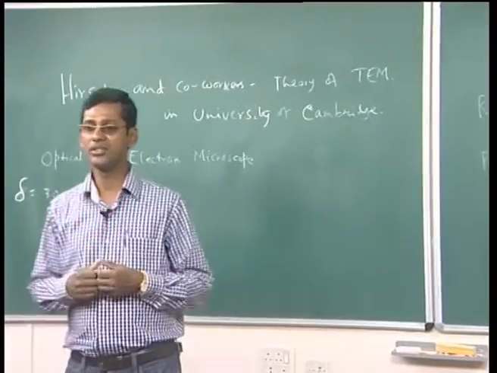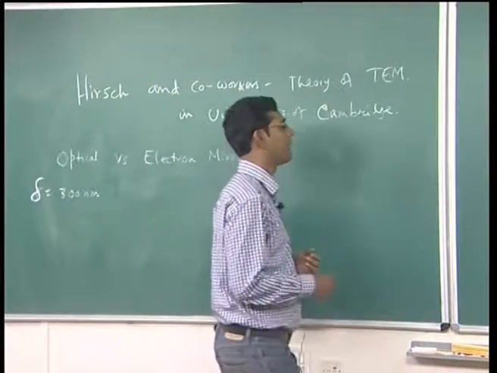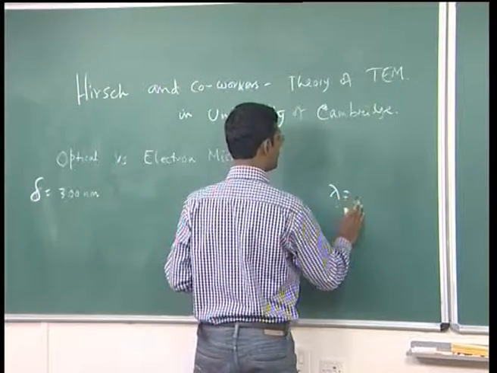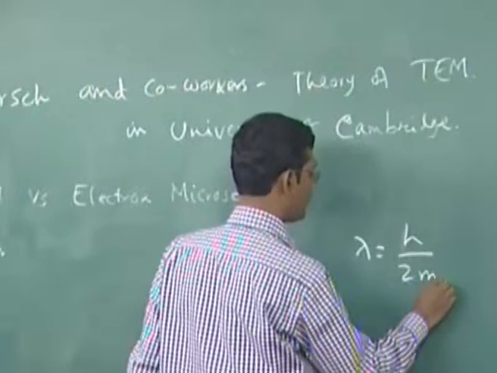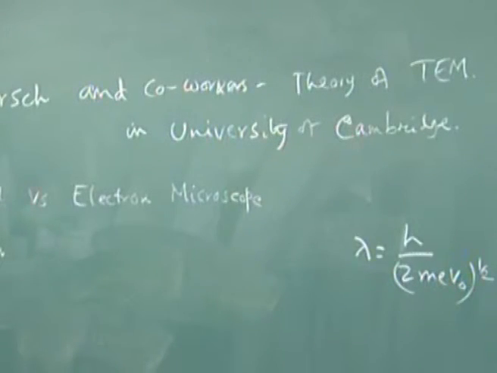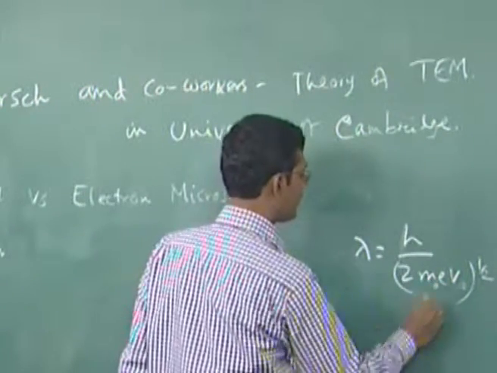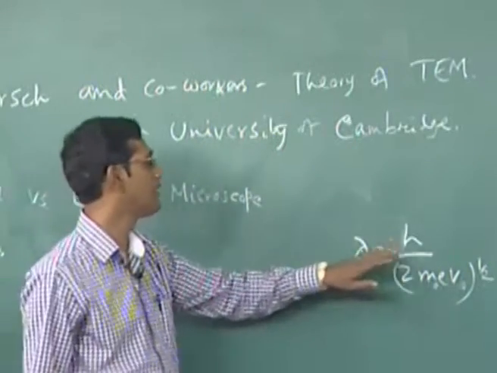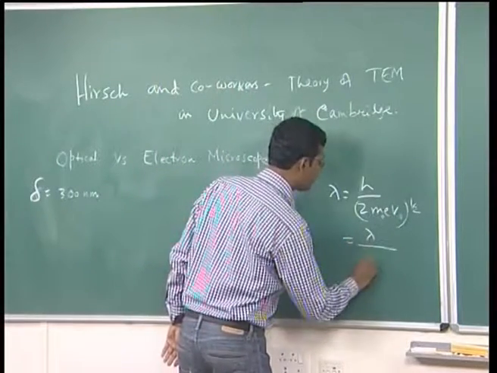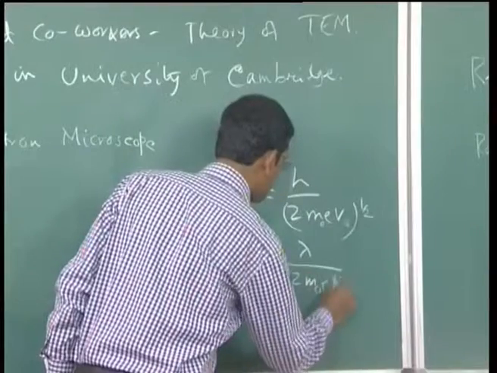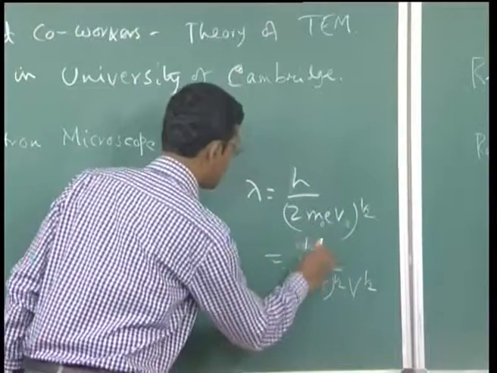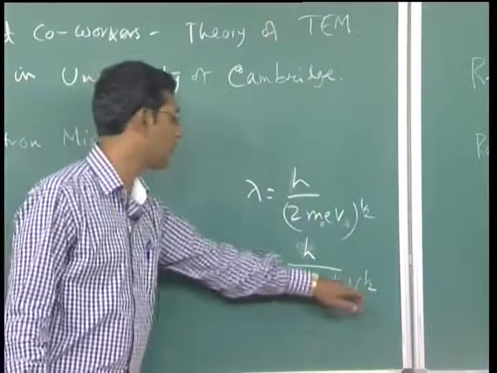So, if we consider the wavelength of electron, we know that the wavelength of electron depends on the accelerating voltage, and normally it is given by a formula which can be written like this: lambda equal to h divided by (2 m0 e v) to the power half, or rather we can write this as lambda equal to h divided by (2 m0 e) to the power half, which is a constant, times v to the power half.